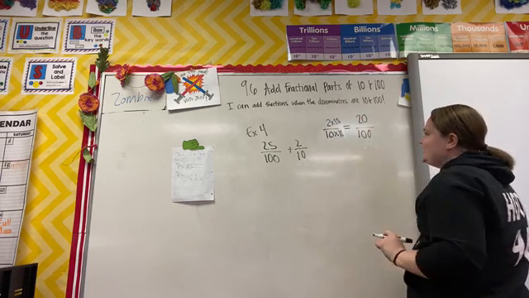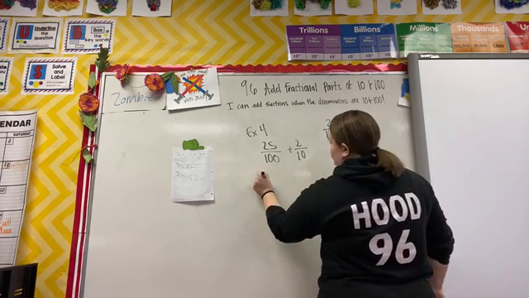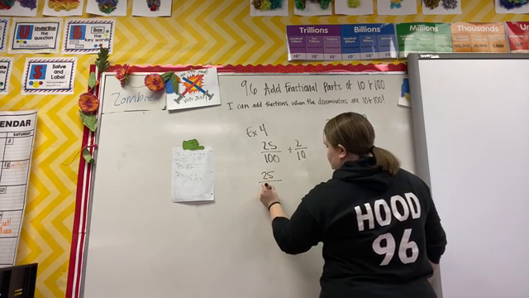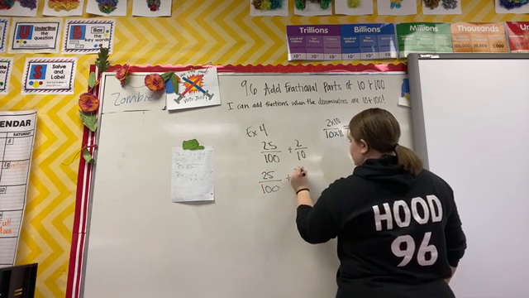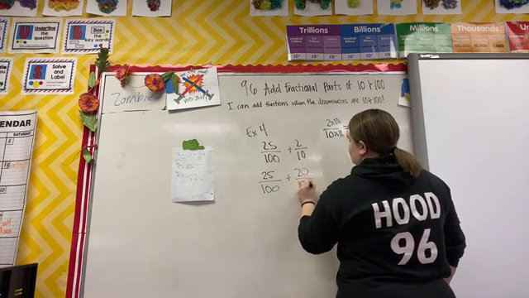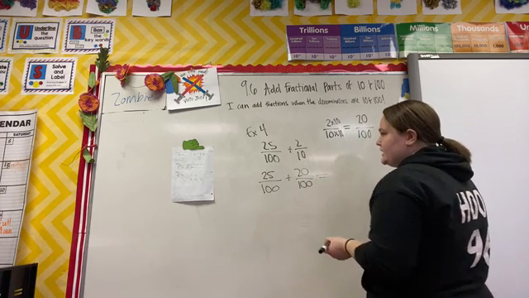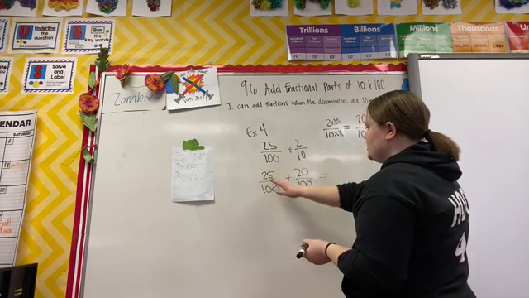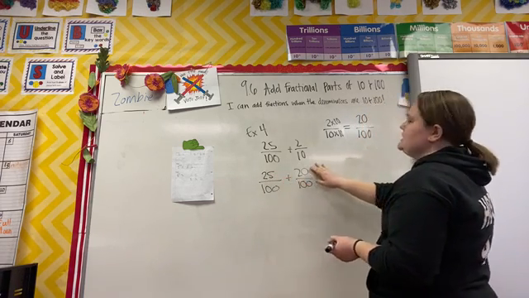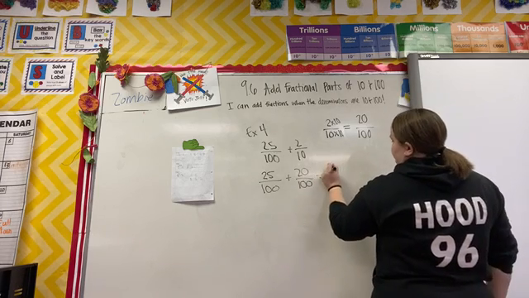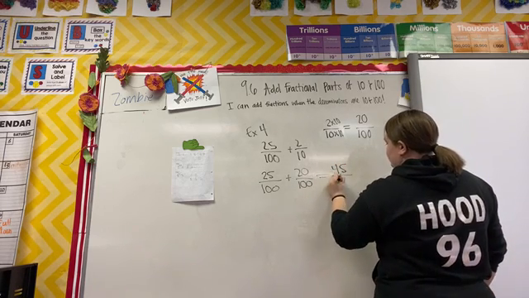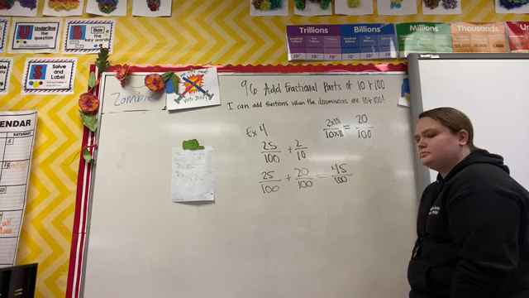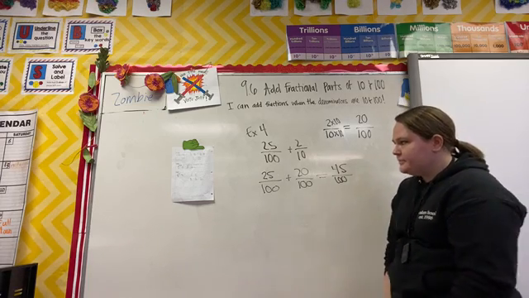Okay, so now I have 25 hundredths plus 20 hundredths. And I can just go ahead and add this. 25 plus 20 is 45. 45 hundredths. All done.